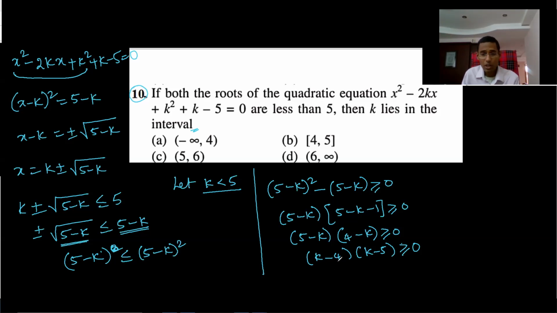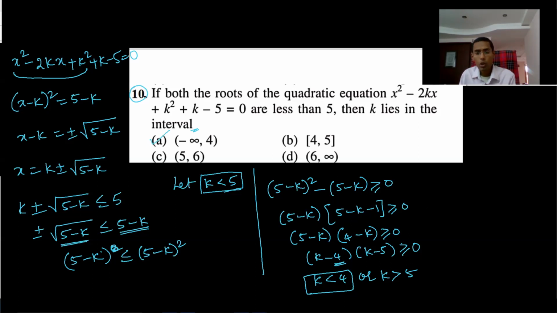Greater than means it does not lie between the roots. The roots are 4 and 5. So k is less than 4 or k is greater than 5. But we already know k must be less than 5, then only we can do all this. Therefore k less than 4 is your answer.